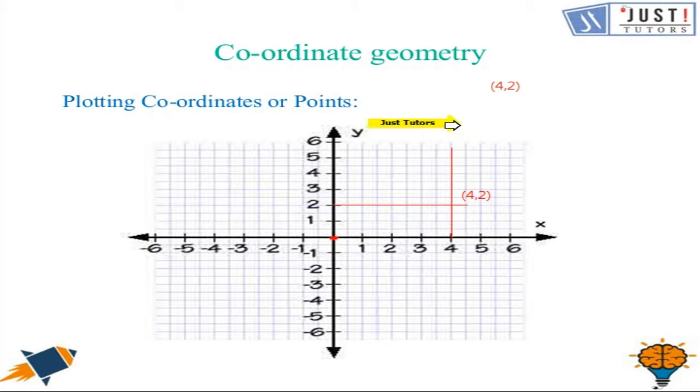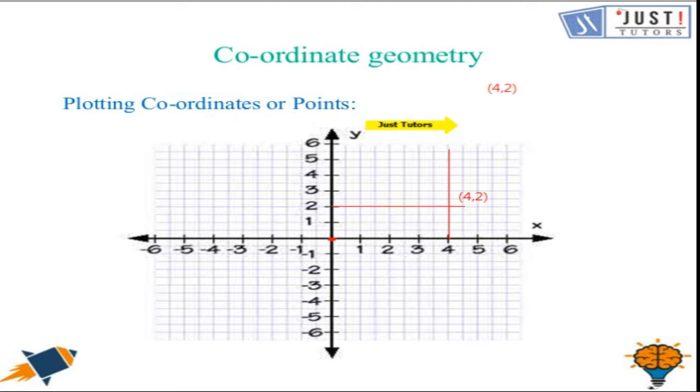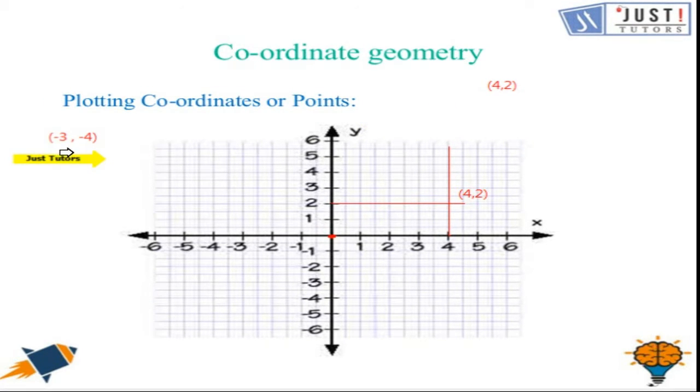We can try one more which has negative signs, let's say the point (-3, -4). As we have negative signs, we must remember that a negative sign on the x-axis tells us that we need to go left. For the y-axis, a negative sign tells us we need to go down from the origin.